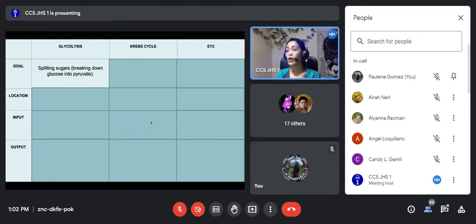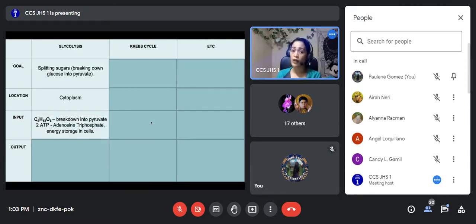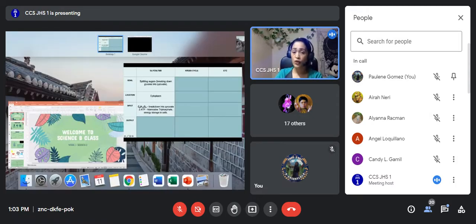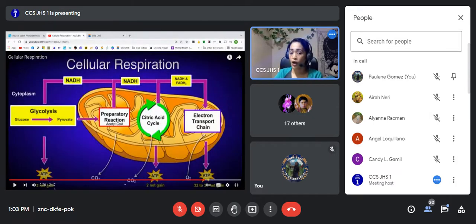What happens there is that glucose enters the cytoplasm, which is the location for this stage. At that particular moment, your glucose is being processed, simplified into a pyruvate substance. So pyruvate is now the new form of your glucose. Another important thing is that in this stage, we can produce a very small amount of ATP, in the form of 2 ATP.